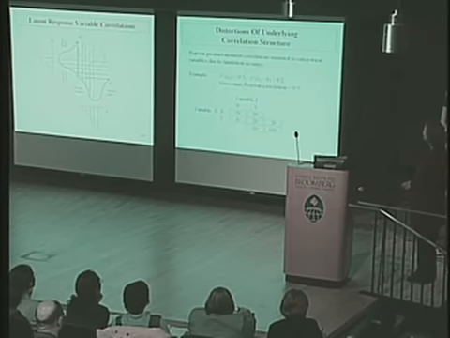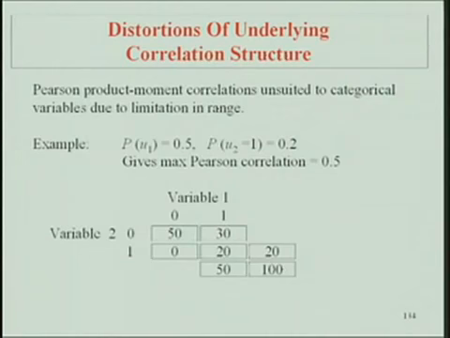However you get the marginals of 50 and 20 from inside the 4 cells, you're never going to get a maximum Pearson correlation greater than 0.5. So you have a limitation there, and that restricts you from seeing the true correlation between the U star variables.